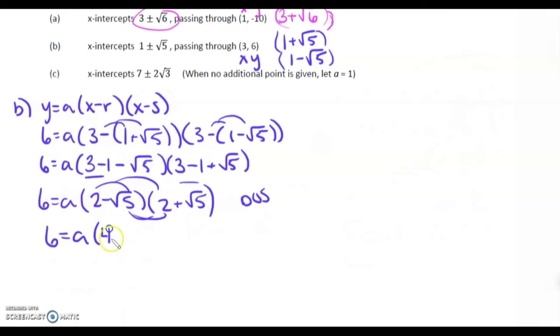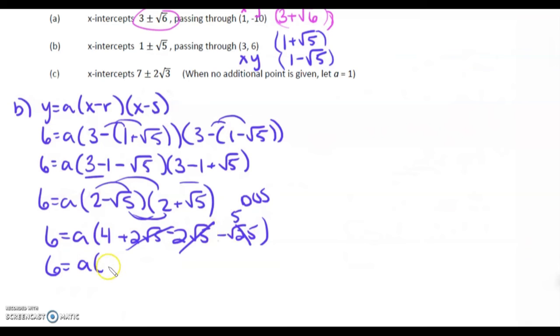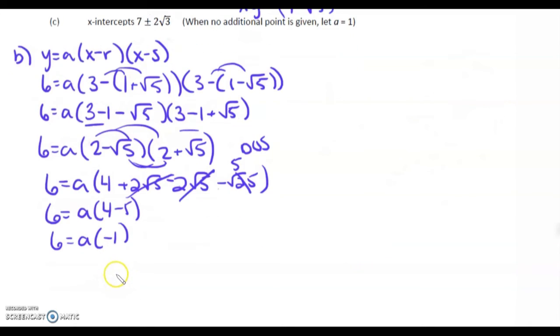So we have 4 plus 2 root 5 minus 2 root 5 minus root 25. Because it's difference of squares, you're going to be able to cancel out this middle term. And we're left with 4 minus 5, which is negative 1. Okay, so we divide both sides by negative 1, and we get a equals negative 6.